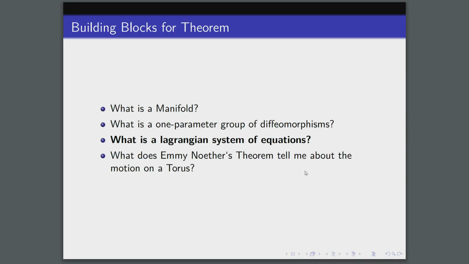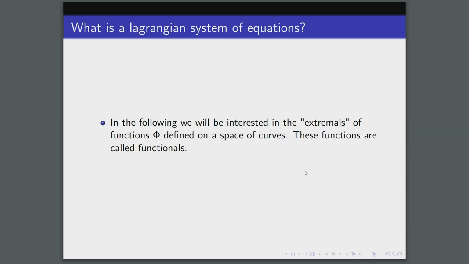Okay, so now I want to get into what a Lagrangian system of equations is. For the sake of this talk, I will not go into the technical details, and the things that are in quotation marks you can interpret as there being more stuff that one needs to discuss.